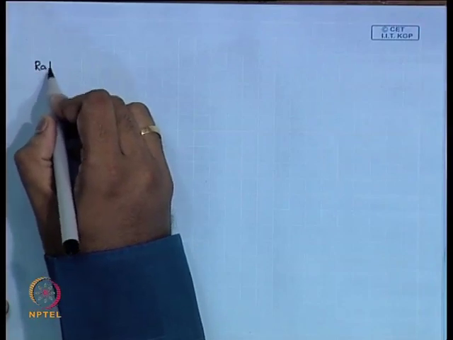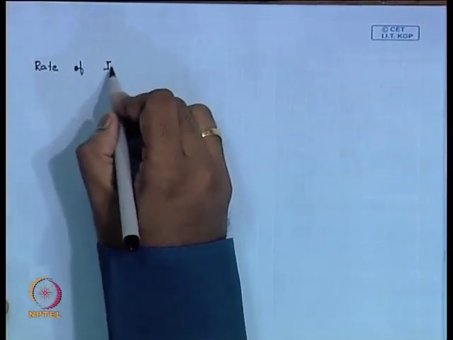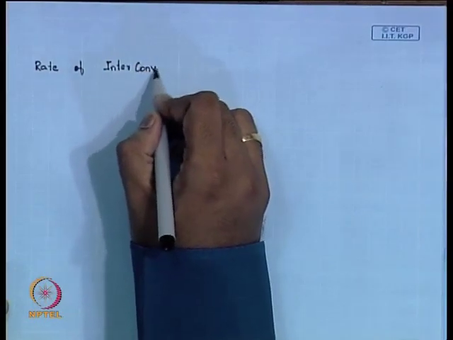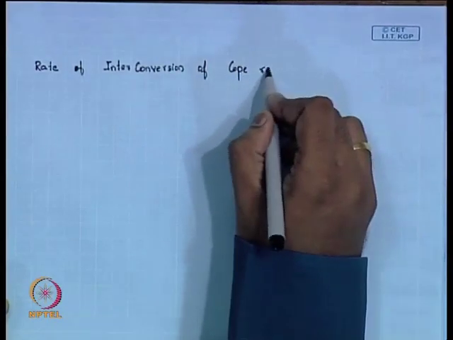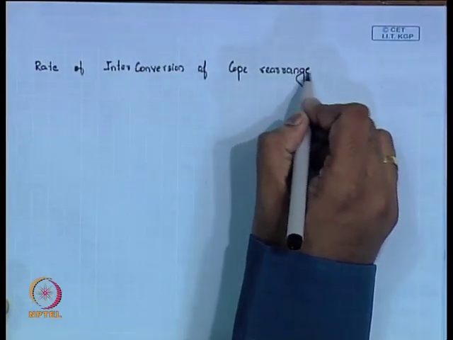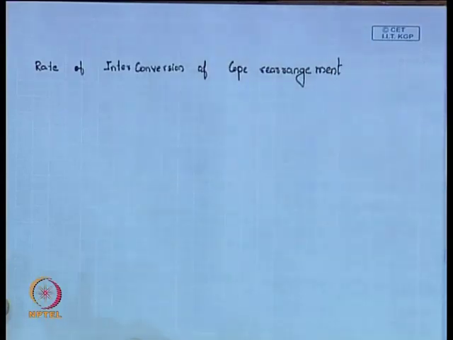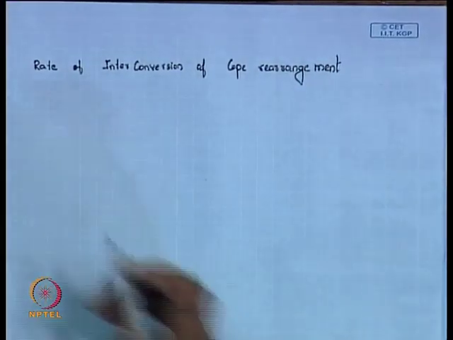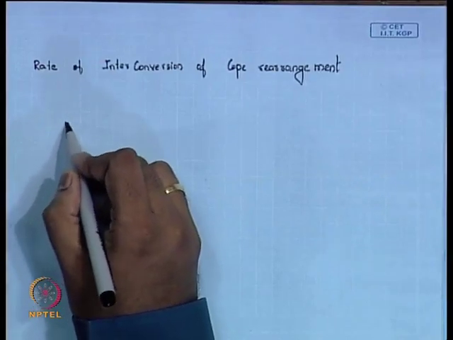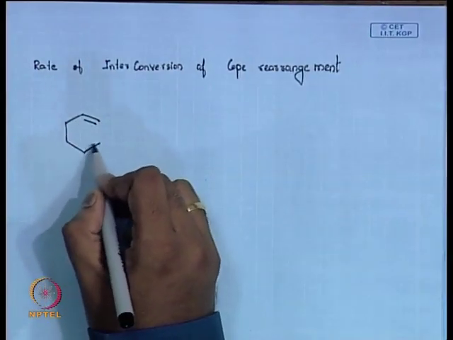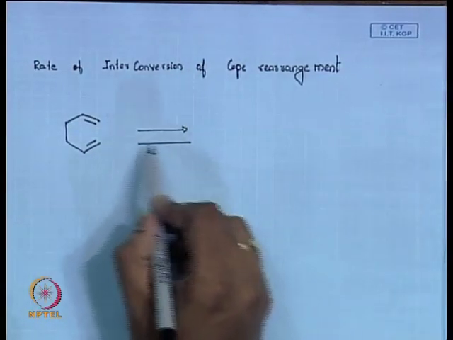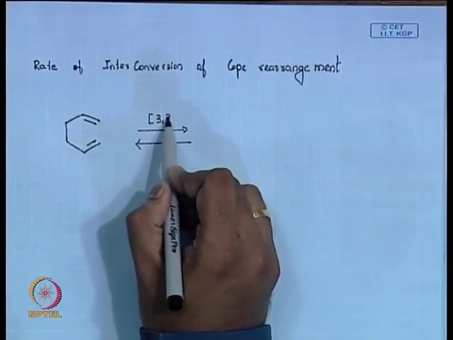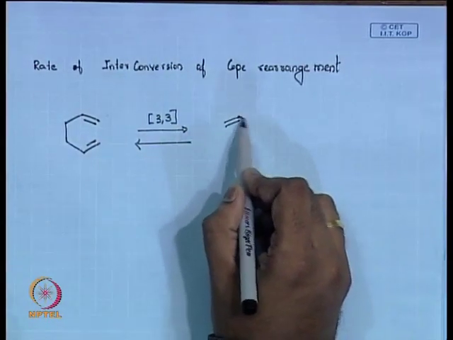Now, we will see the rate of interconversion of your Cope. I have taken this one, I do a 3,3, you know what product you get.